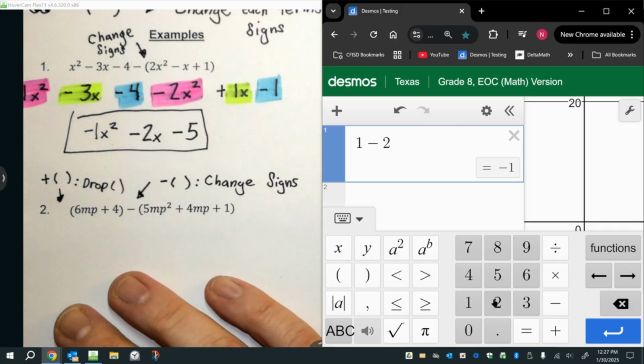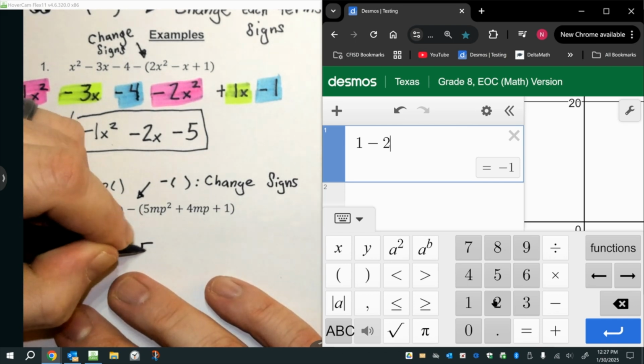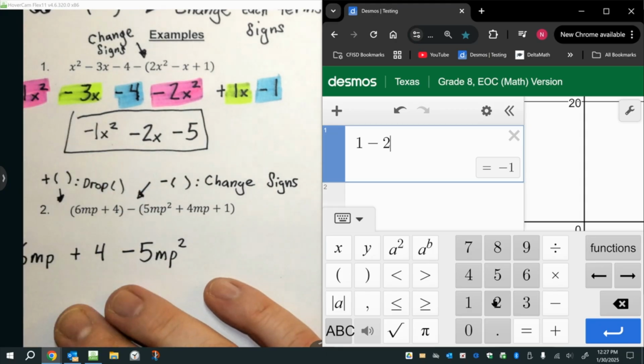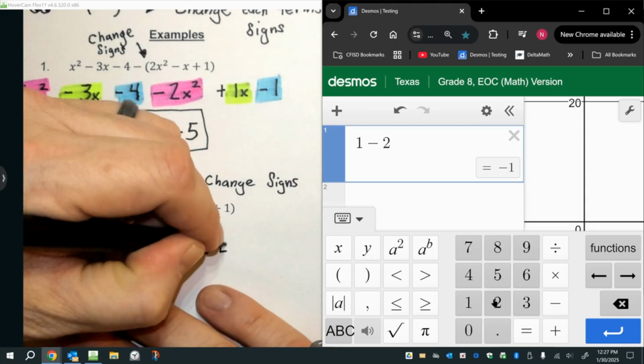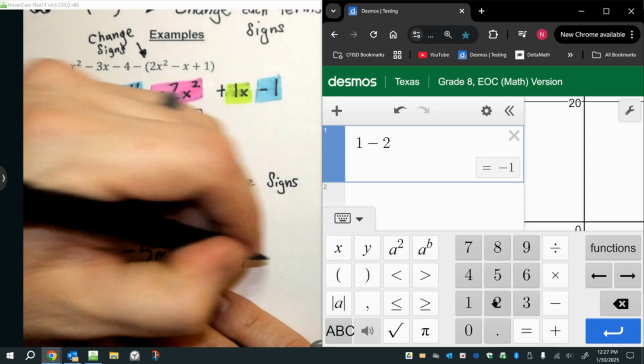So if I drop the parentheses, we have 6mp plus 4, opposite, minus 5mp squared minus 4mp minus 1.